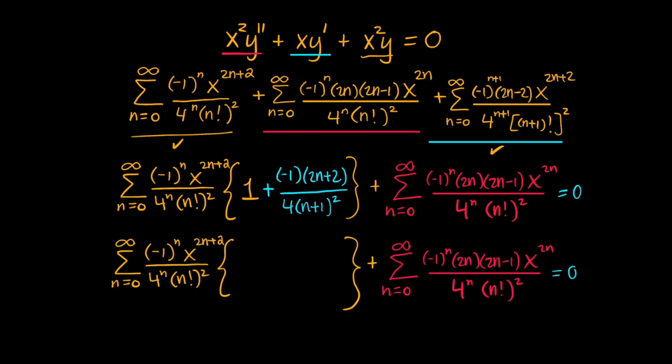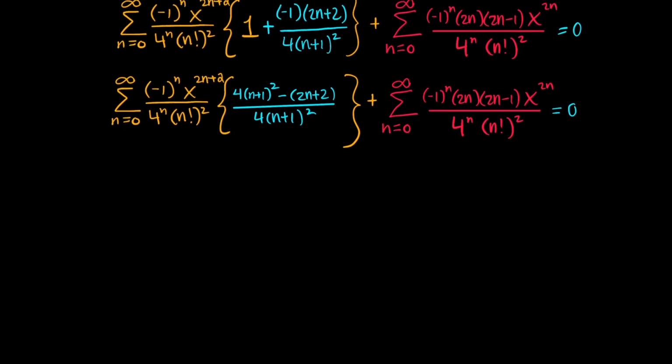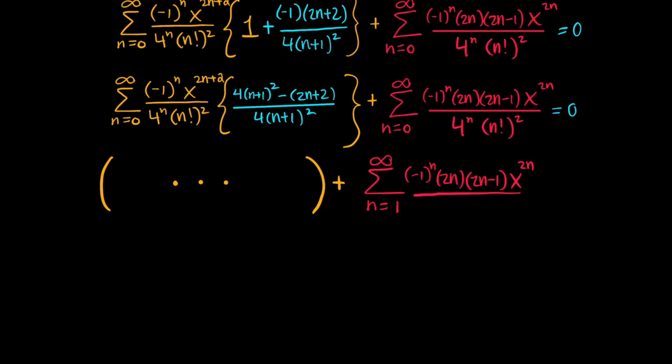Now, doing a little bit of algebra and combining some of those things in the brackets, we can rewrite what's in there, clean it up a little bit. We'll finish with that in just a moment. And noticing that the series in red here would be the same as if we started it at n equals 1, I'm just going to rewrite it here starting with n equals 1, which will allow me to then re-index this.